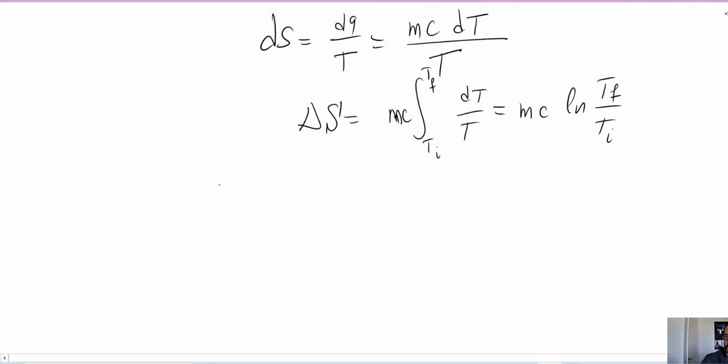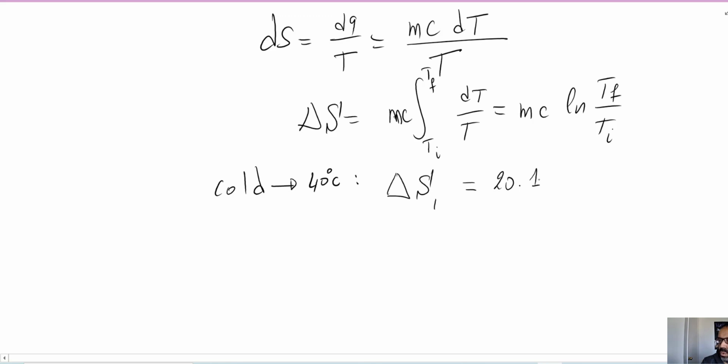So let's find the cold one, going to 40 degrees Celsius. Remember, we have 20 grams. So I expect the number to be positive, and it should be, because the numerator in here is greater than the denominator. So delta S1 is going to be M, remember, was 20 grams, times C, which is 1 calorie per degree Celsius per gram, and the gram is cancelled.